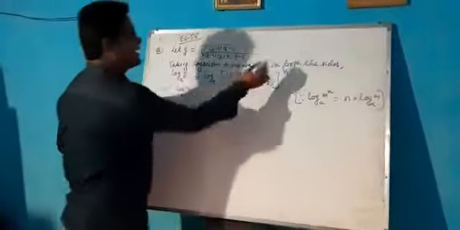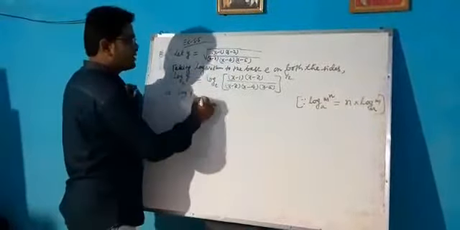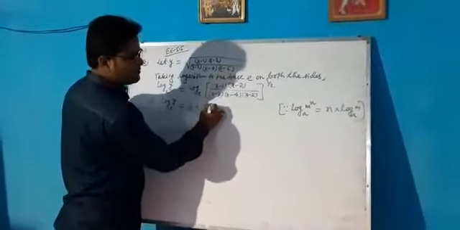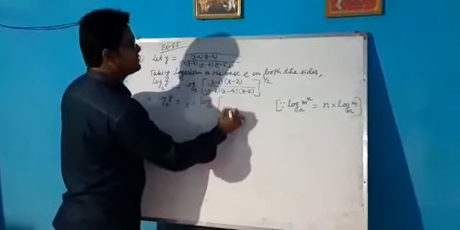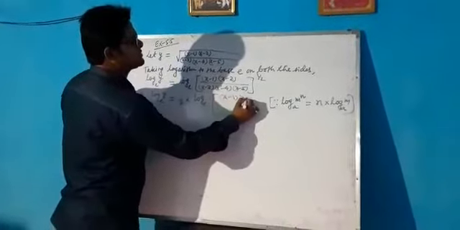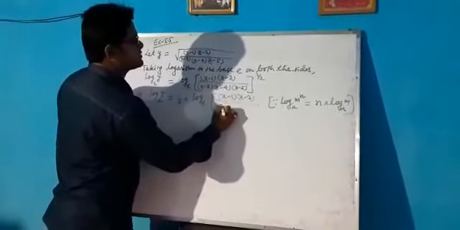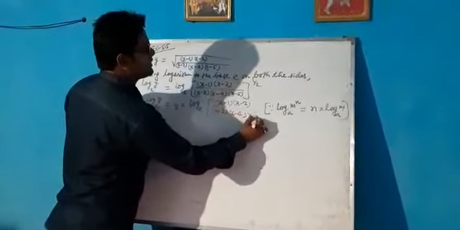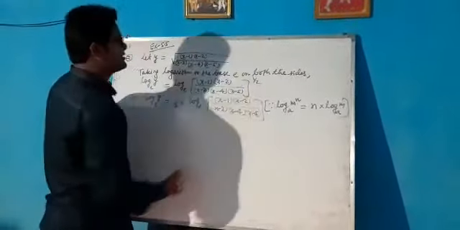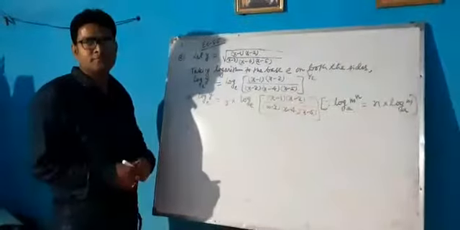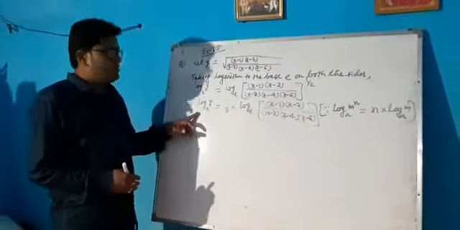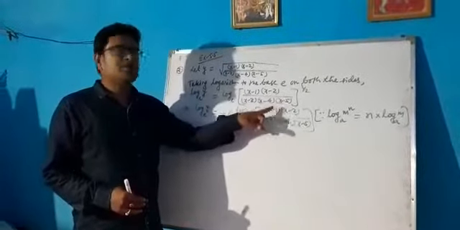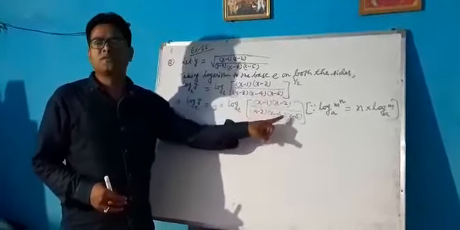From this rule, I can take half out of the log, so log y to the base e is equal to 1 by 2 log to the base e of (x minus 1)(x minus 2) by (x minus 3)(x minus 4)(x minus 5).